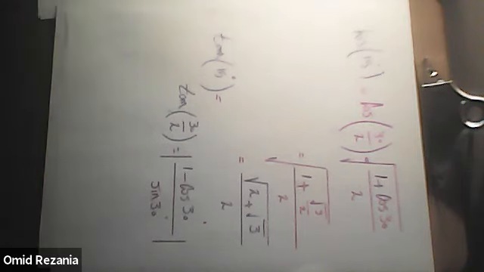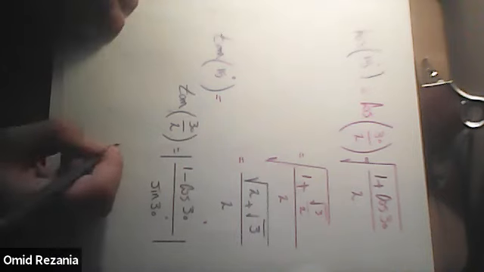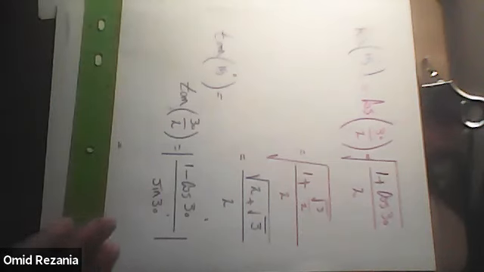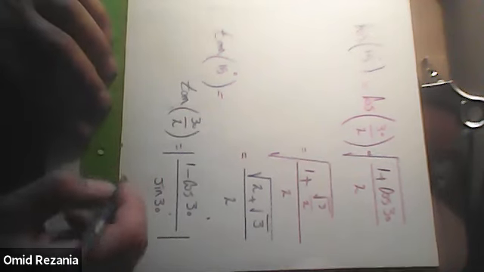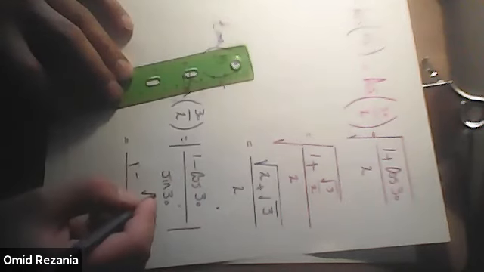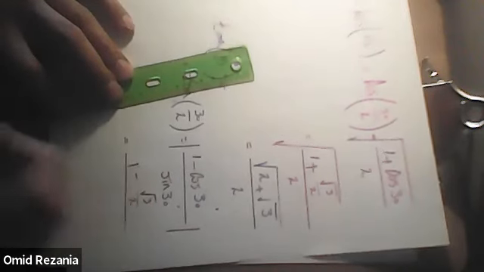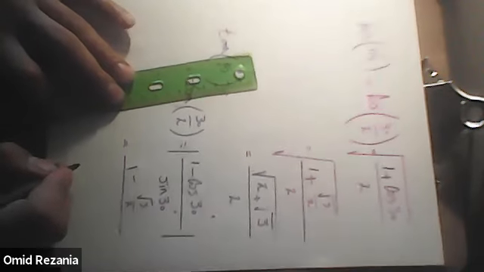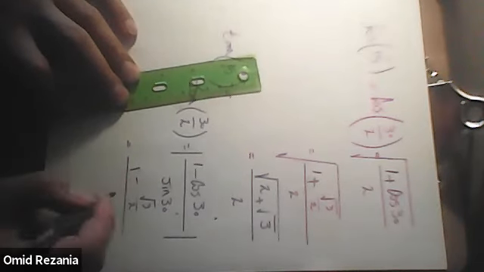Now I'm just going to put in the values because, as Brian said, 30 degrees is a reference angle, which means we know everything about it. It becomes 1 minus the cosine of 30, which is the square root of 3 over 2, and the sine of 30 is 1 over 2.